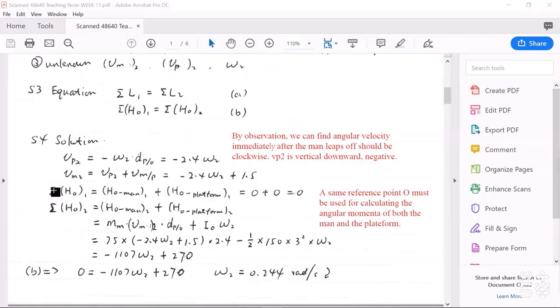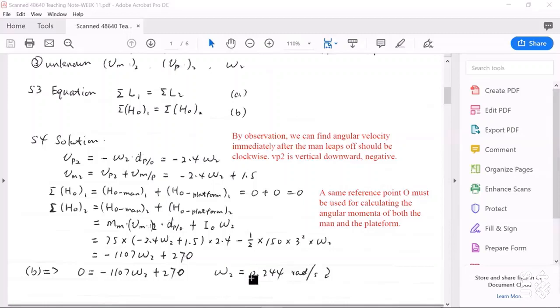Initial angular momentum and final angular momentum are equal because of conservation of momentum. So omega 2 can be worked out. And here, this omega 2, you can see it's positive.